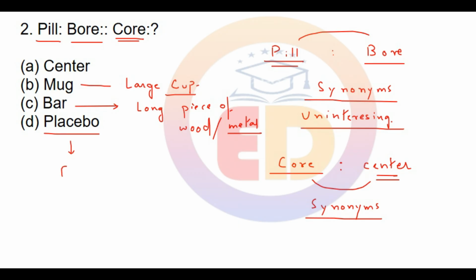Placebo is a kind of false medicine. False medicine means it is not actually a medicine but is generally given to calm down or soothe the patient, to mentally satisfy the patient. So you can say that it is not a medicine, it is a false medicine. Here our answer is option number A, center.